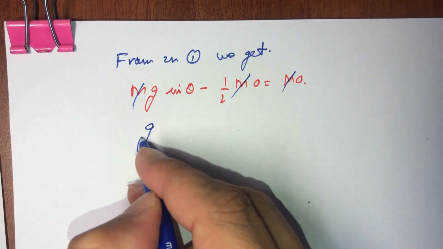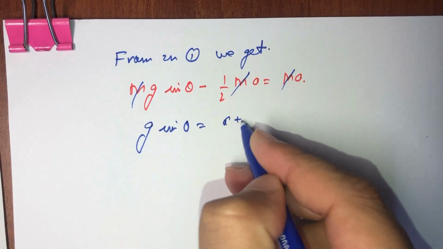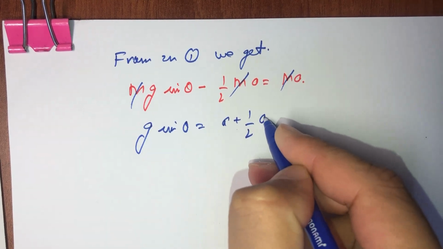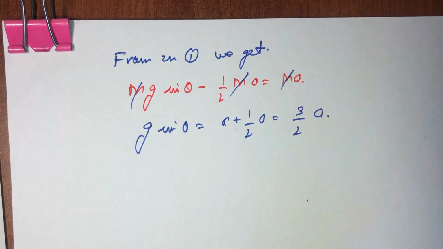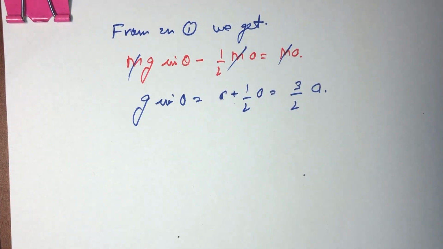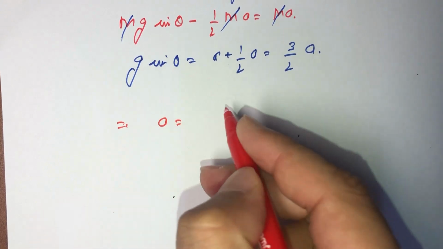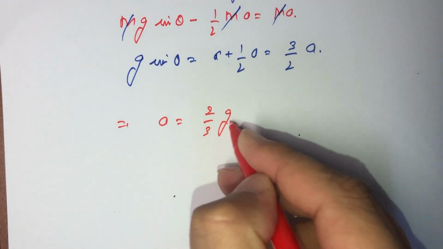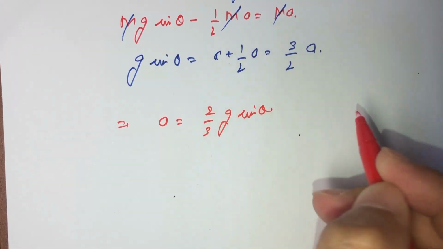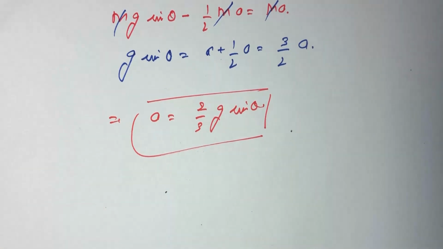So we get g sine of theta is equal to A plus 1 by 2 A, and this comes as 3 by 2 times A. Now it is simple manipulation. From here we can say acceleration is equal to 2 by 3 g sine theta. So this is the linear acceleration of the solid cylinder.